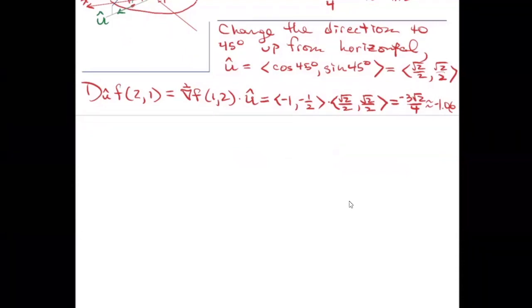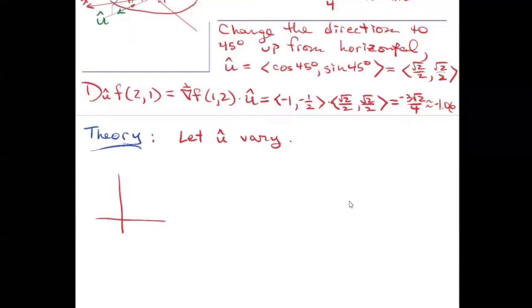We've got a little bit of theory. First thing is just to do a little math. Let's first begin by letting u vary. Remember, u is just a unit vector pointing in any direction.